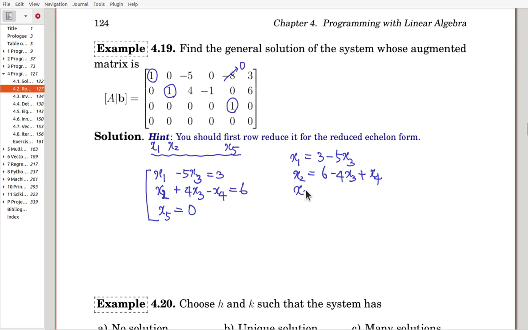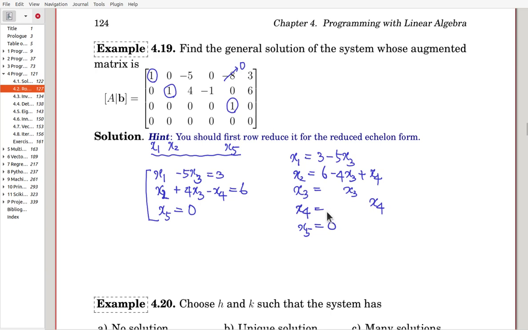Now x3 is a free variable, and x4 is also a free variable, and the last one, x5, is a basic variable which is 0. For these free variables, we write x3 is x3, x4 is x4.